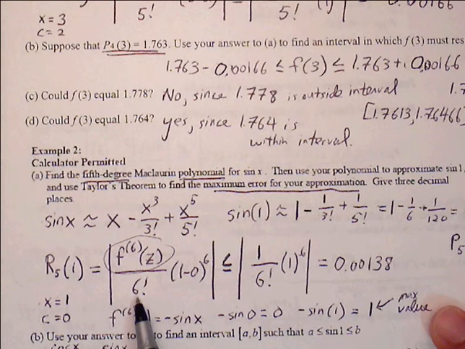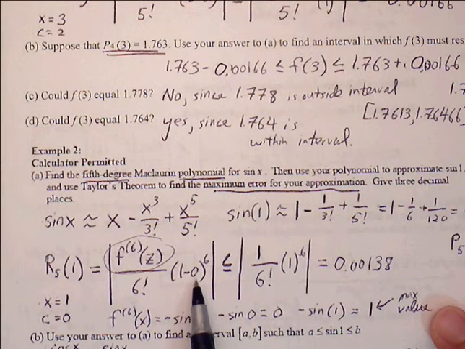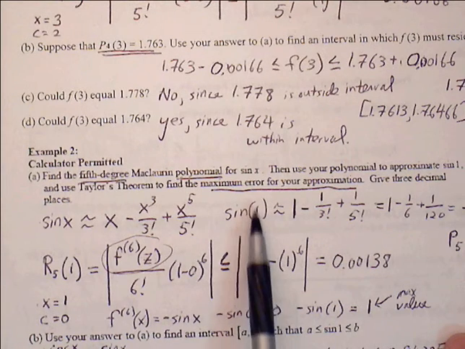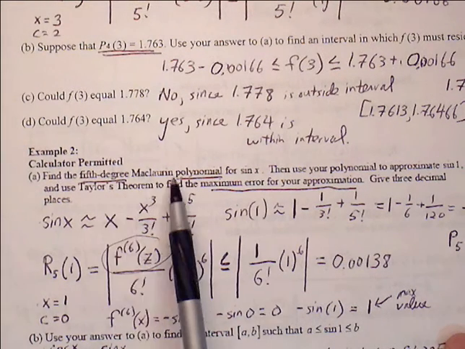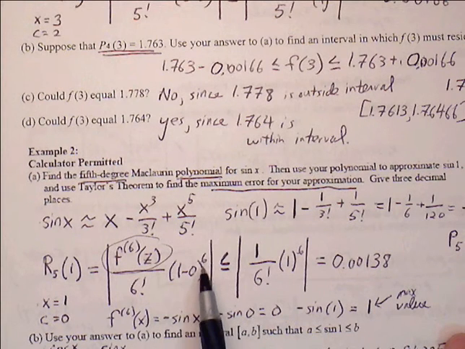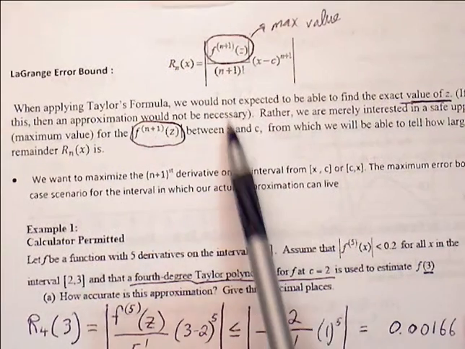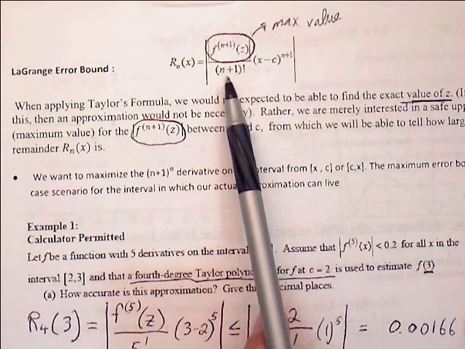Instead of 5, it's going to be n plus 1, so 6 factorial. Then x minus c is going to be 1 minus 0, because 1 is the x value and the center is at 0, since the Maclaurin series has a center of 0. So 1 minus 0, again raised to the power n plus 1. n is 5 in this case, so n plus 1 will be 6.